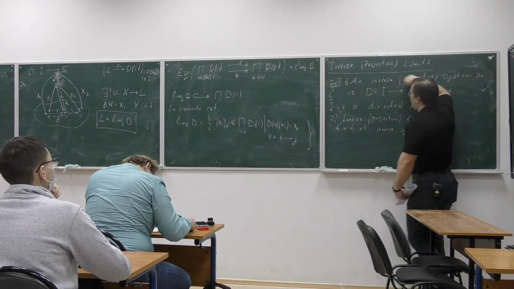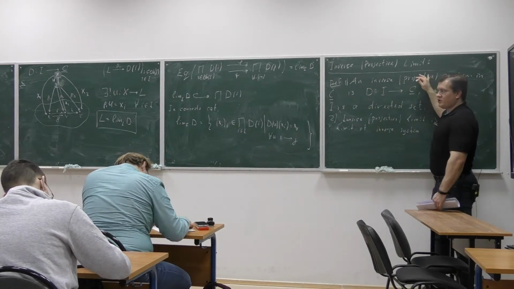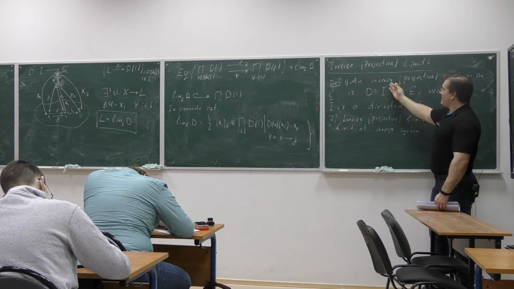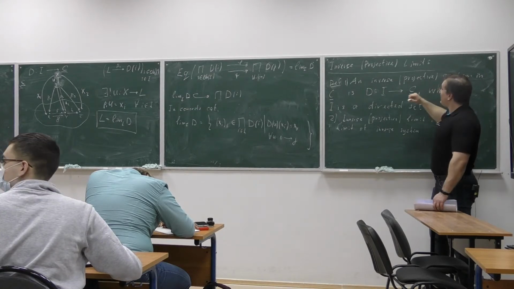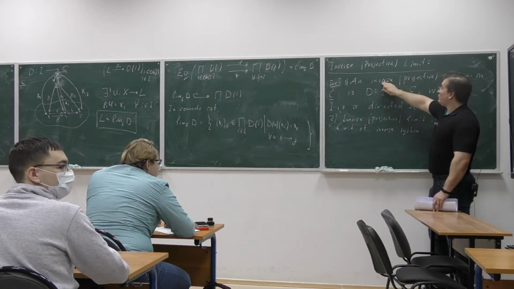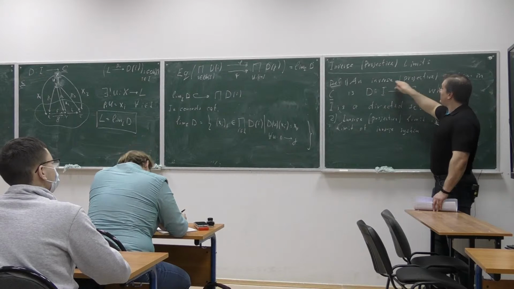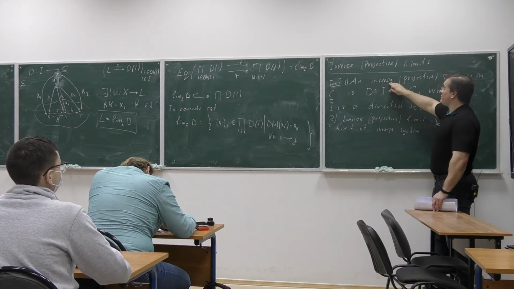So projective and inverse are complete synonyms. It's just that in different books you can sometimes meet inverse, sometimes projective. So there is no difference. It's just two terms that could be used as complete synonyms.